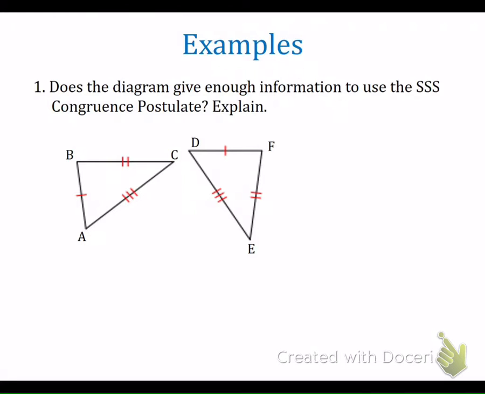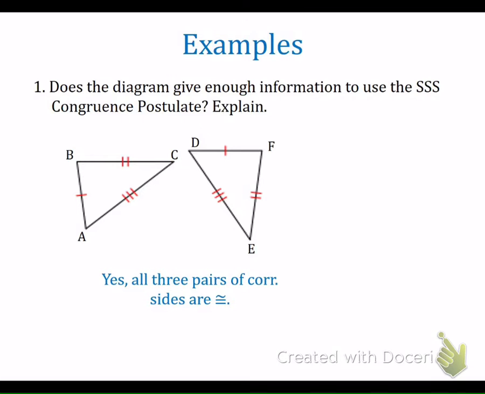So basically, do the 3 sides from one triangle all have a corresponding congruent side from the other triangle? What do you think? Yes. So our answer would be yes, and then just explain that. All 3 pairs of corresponding sides are congruent.